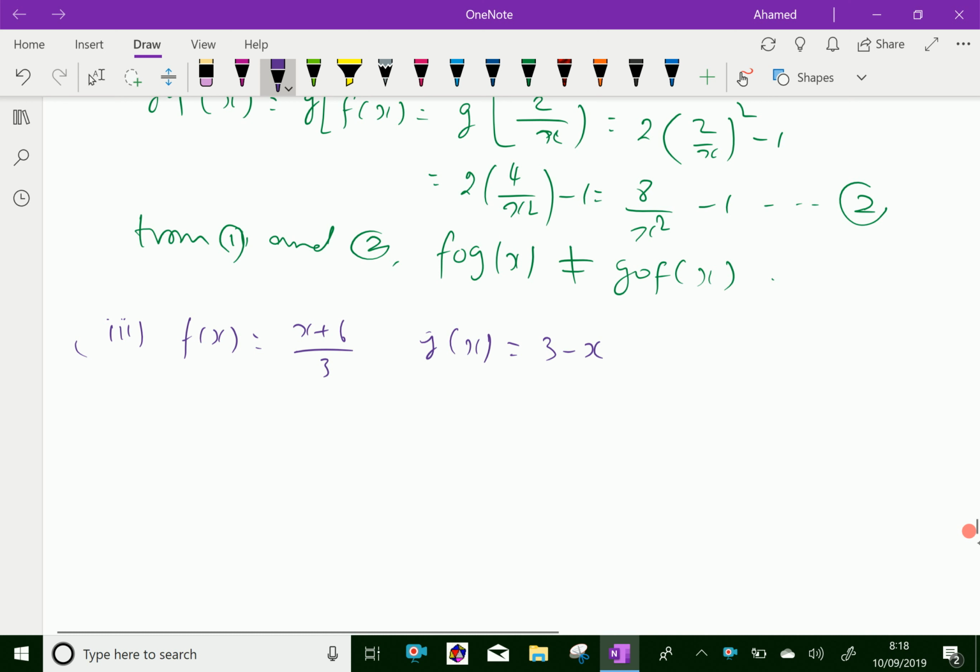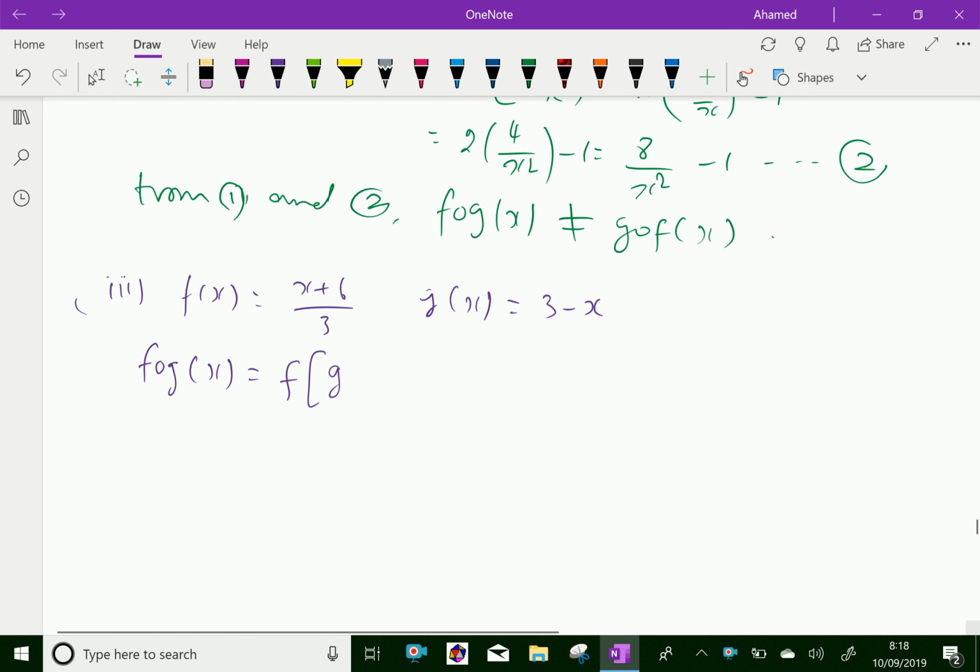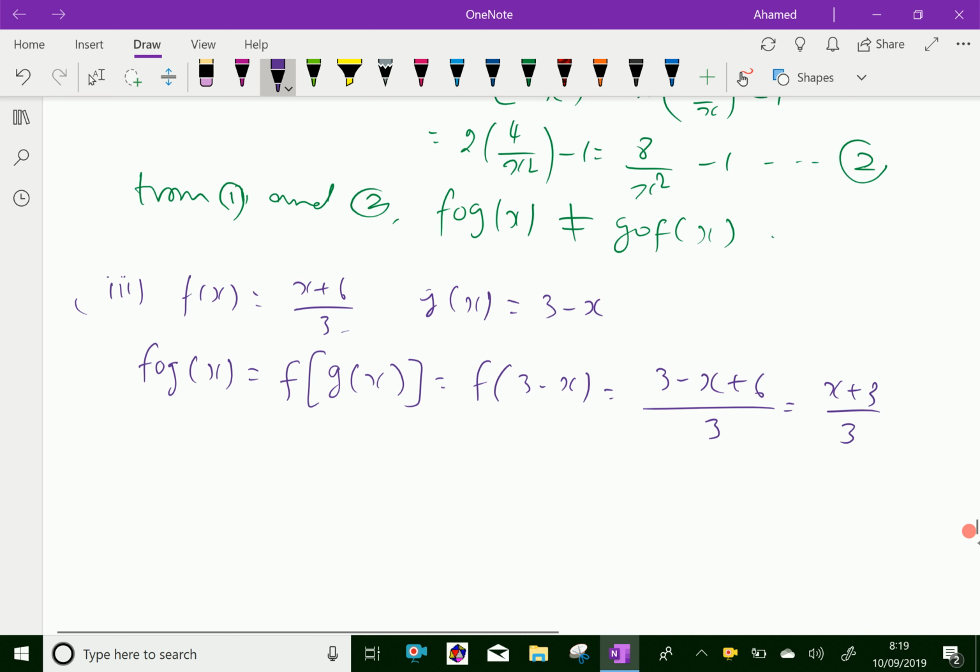Now fog x equals f of g of x, that is f of g of x is 3 minus x. Then f is x plus 6 over 3, that is 3 minus x instead of x, which is equal to x plus 3 over 3. Let it be 1.